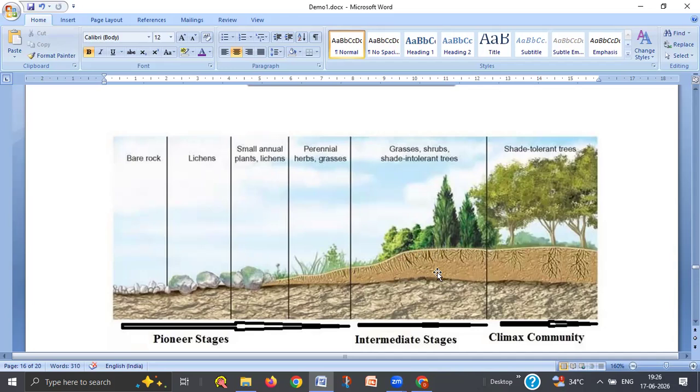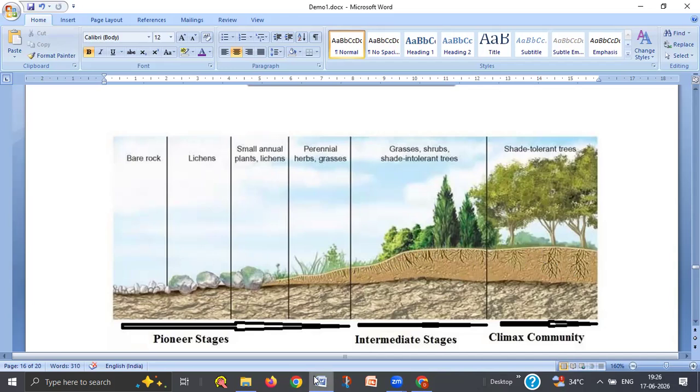It forms humus. So the soil is more and more enriched, and finally it becomes fertile. That soil is fertile, and finally that soil is suitable for the growth of a thick forest. So that is called the climax stage. Okay, so these stages in the hydrosphere and xerosphere you have to remember.